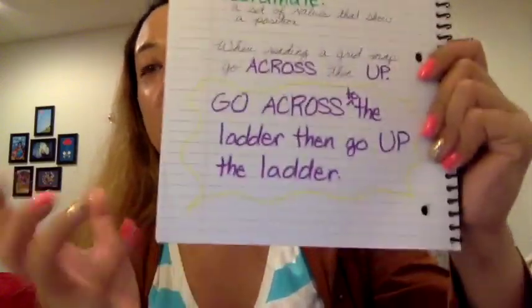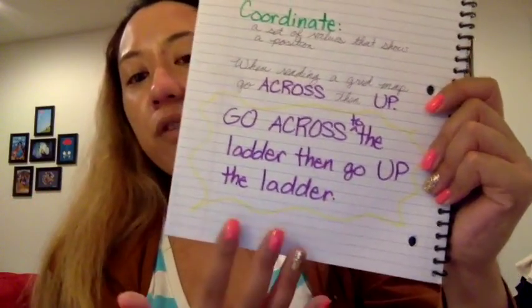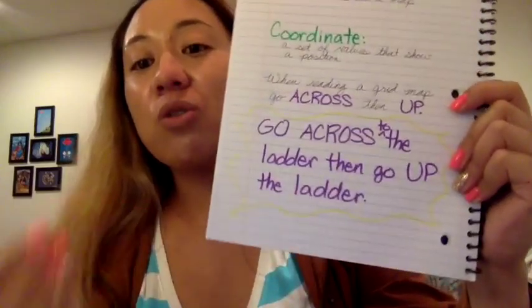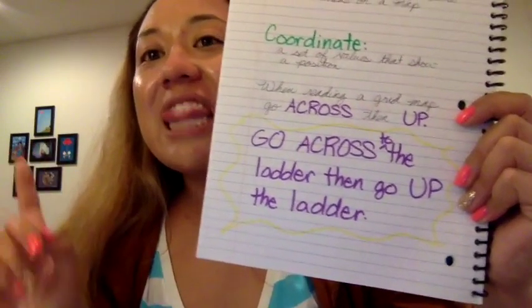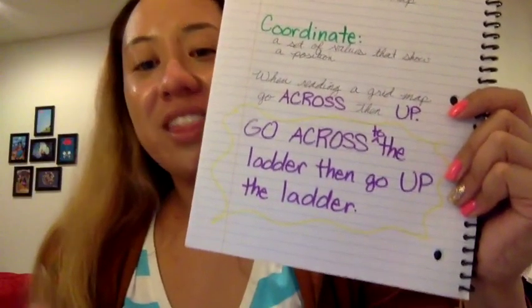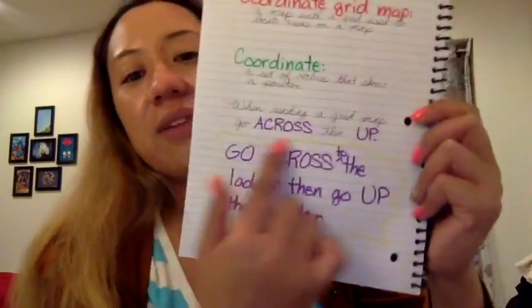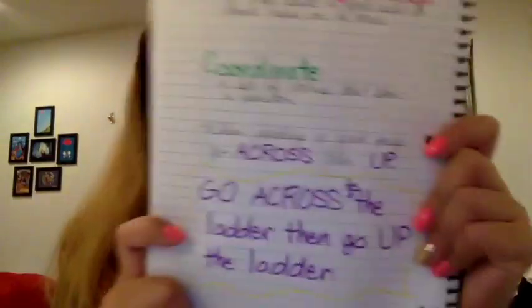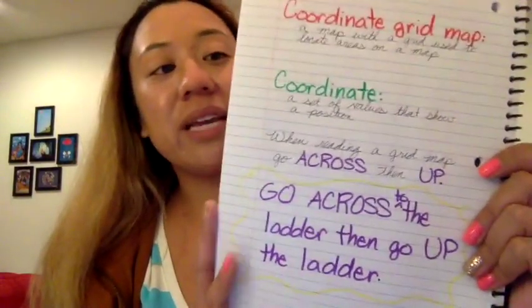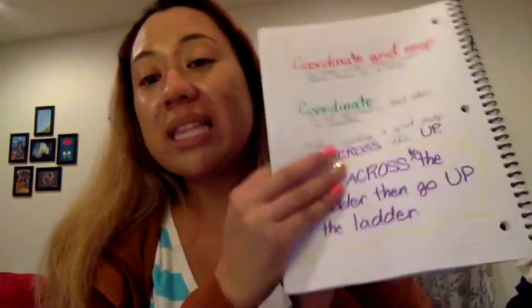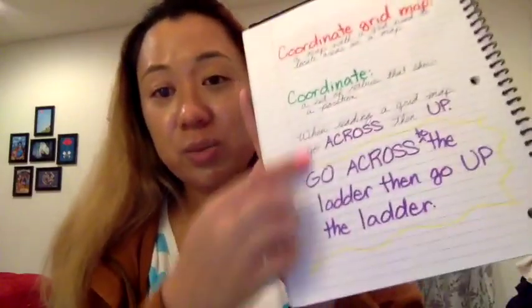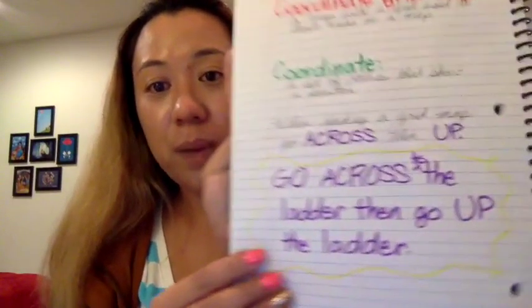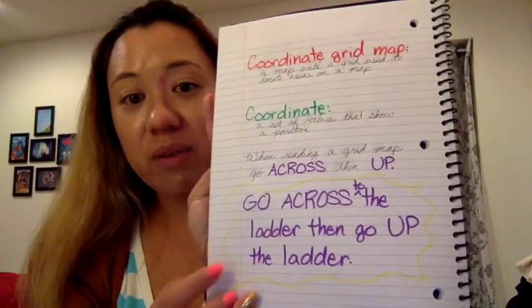And I kept my wonderful phrase from before, go across to the ladder, then you can go up the ladder. Okay, and I even put little squigglies around it to help me remember, but that's what you are going to be doing. So, to leave the classroom to go to recess, you must finish this part right here. I want you guys to keep that and remember it.